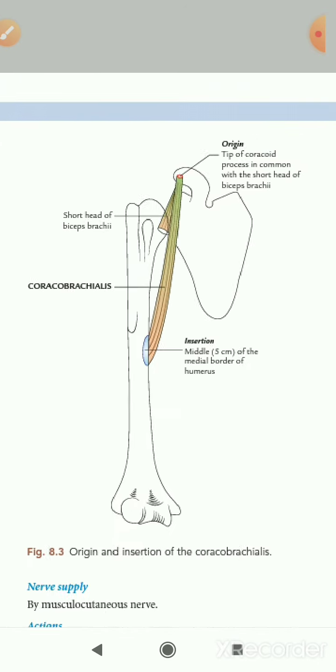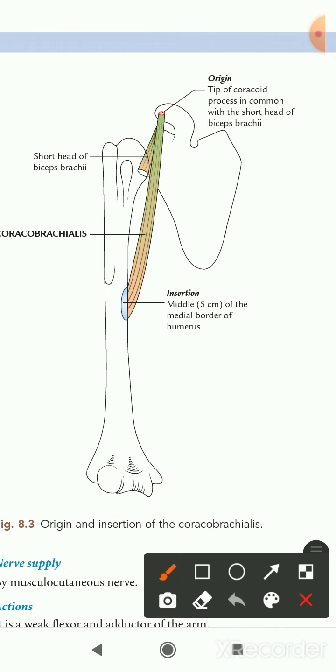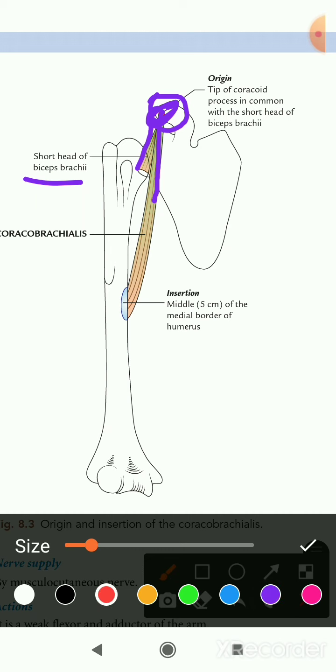So this is the coracobrachialis. Look at that, it originates from the tip of the coracoid process along with the short head of the biceps brachii. The short head of the biceps brachii also originates from the tip of the coracoid process. Then after originating, it is inserted in the middle 5 centimeters of the medial border of the humerus. And what is its action?